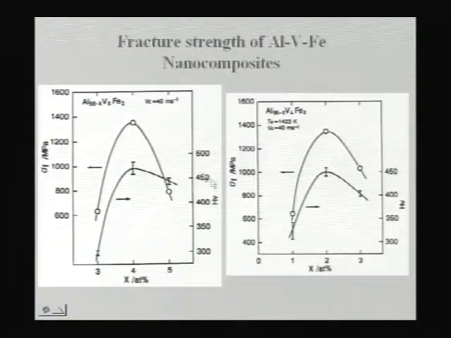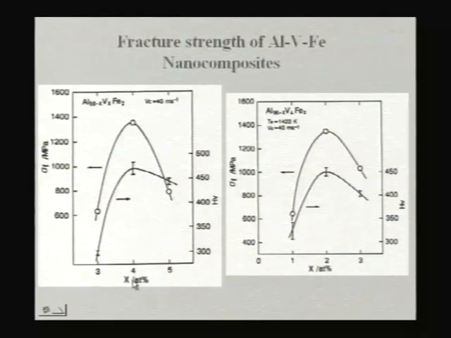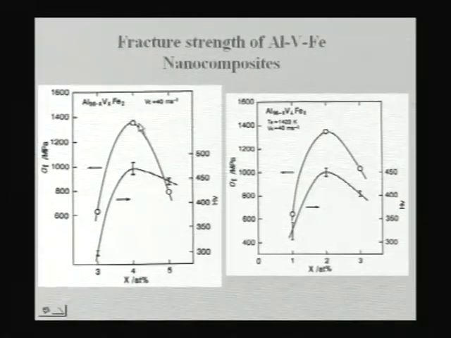One can also study what happens if you vary the composition. What we have seen so far is for one composition, 94% aluminum, 4% vanadium and 2% iron. If you vary the composition, you can see the strength reaches a maximum at 4% vanadium. If you fix the iron content and vary the vanadium percentage, you can see when you reach about 4% vanadium, you get the maximum.